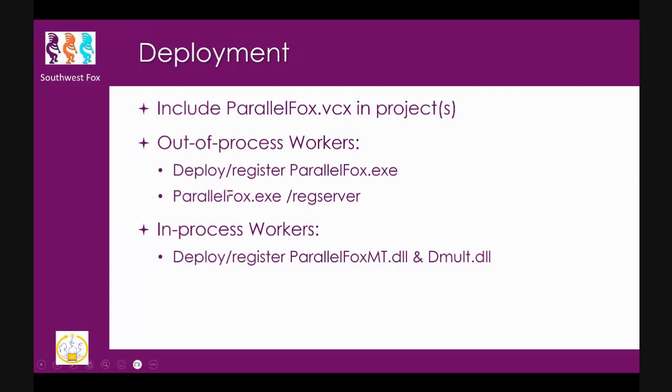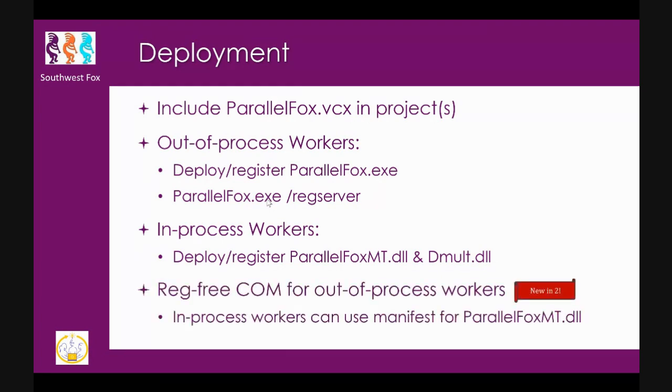Now, this ParallelFox EXE has very little code. It's designed to change very rarely, if ever. But it can still be a hassle to have to register it, depending on how you're deploying things. So new in ParallelFox 2.0, it's a cool new feature that allows you to do reg-free COM for these out-of-process workers.